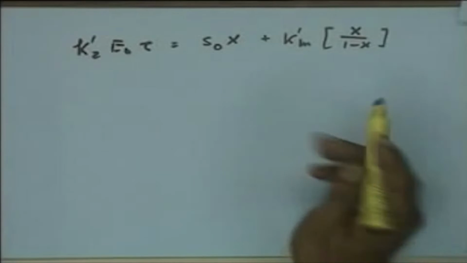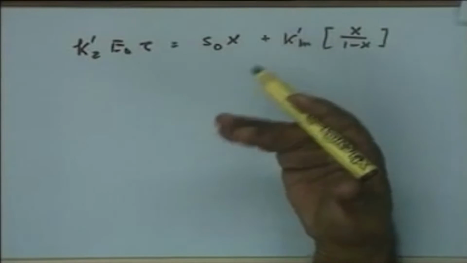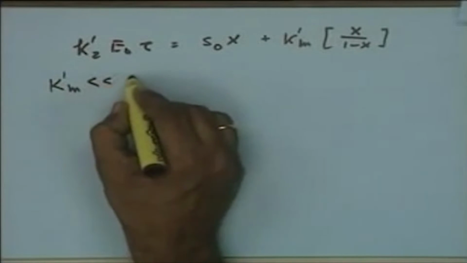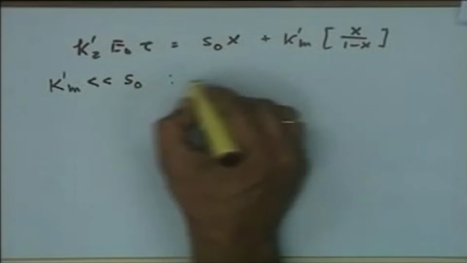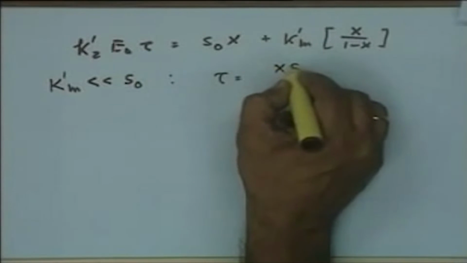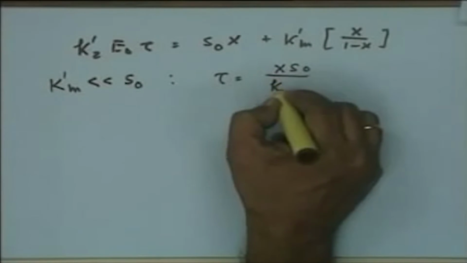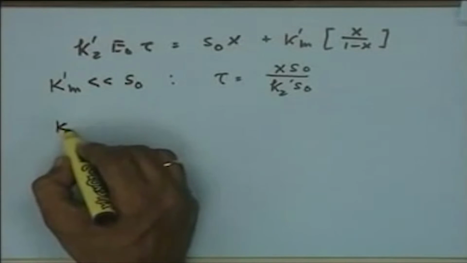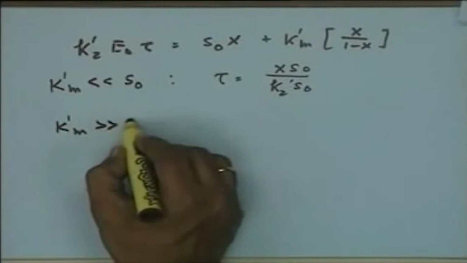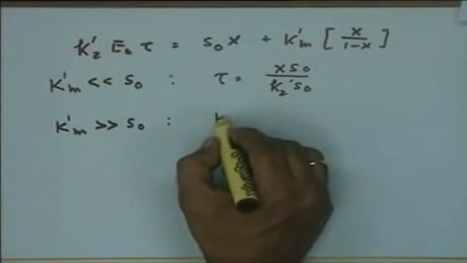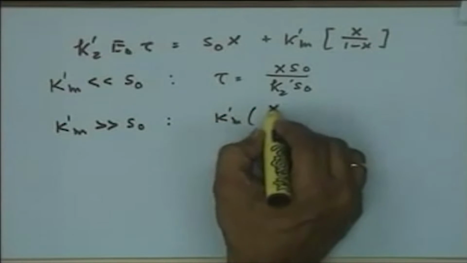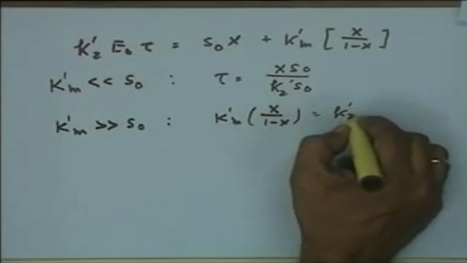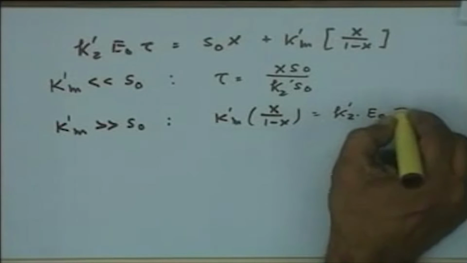And similarly here also, if you make assumptions of 0 order or first order situation, when K dash m is much smaller than S naught, that is a 0 order system, tau is equal to x S naught upon K2 dash E naught. And for first order system where K dash m is much greater than S naught, you have K dash m x upon 1 minus x equal to K2 dash into E naught into tau.